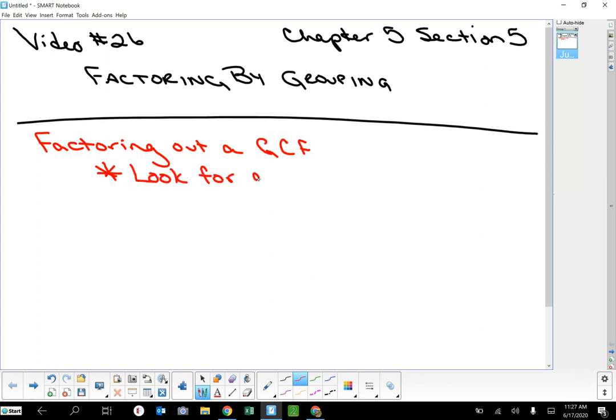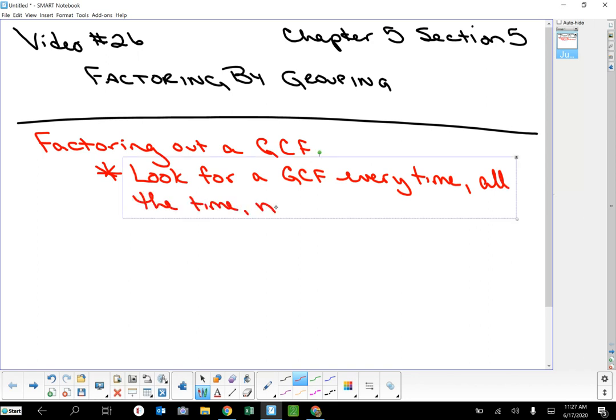So you're going to look for a GCF every time, all the time, no matter how many terms. Then after that, you're going to use different types of factoring. Factoring with a GCF can be done no matter what type of factoring you're going to do. It's kind of a blanket over all of them.